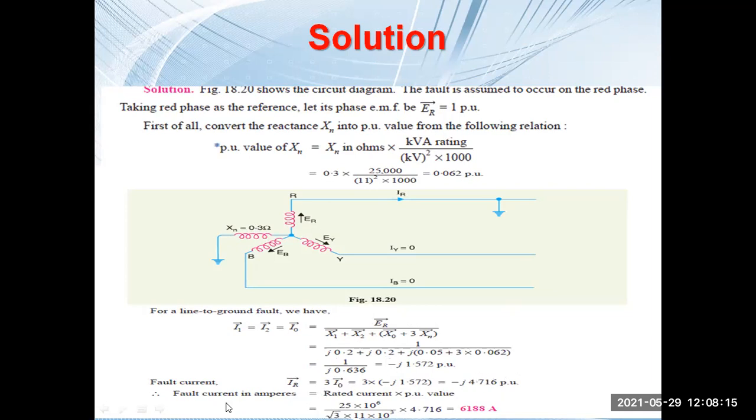So you will get that. So in ampere, this will be basically your 25,000, means 25 into 10 to the power 6, that is your MVA, by root 3 into 11 into 10 to the power 3, and into your fault current. So that will be your actual current in ampere. Yes or no? Any doubt on these particular steps? Anywhere?